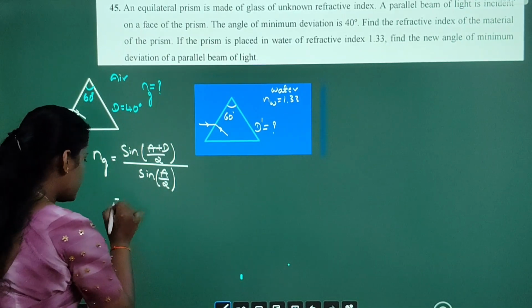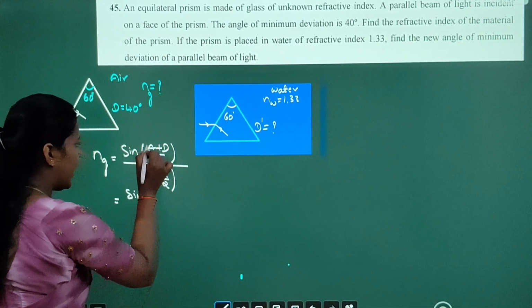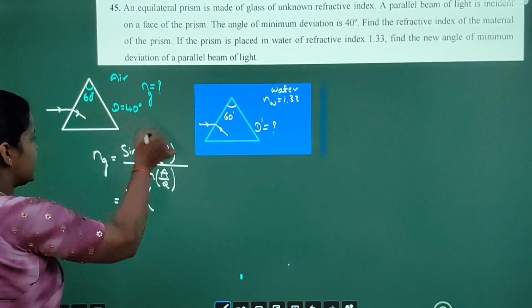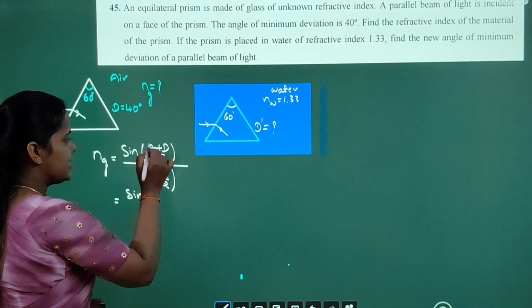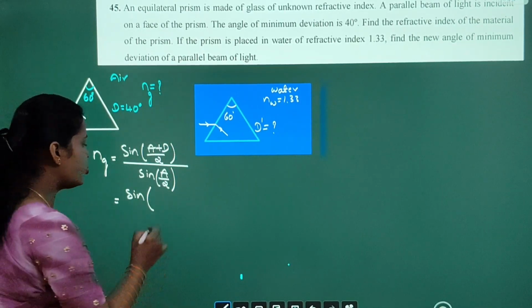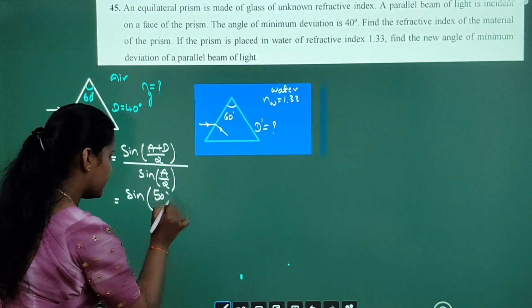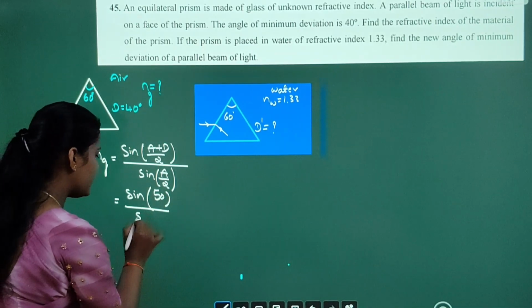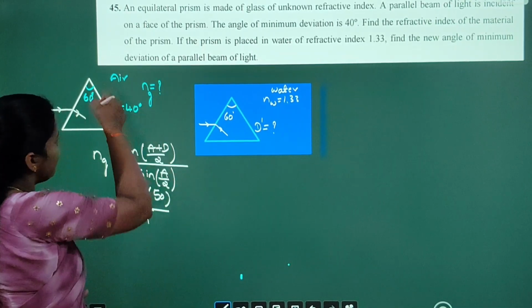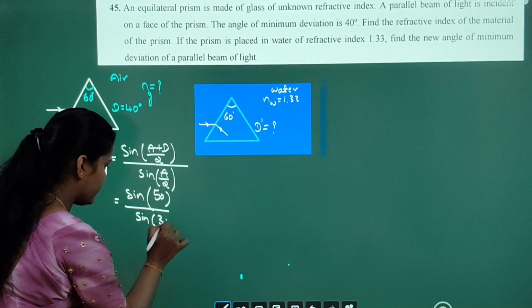Here, A is 60, plus deviation is 40. 60 plus 40 is 100, upon 2 is 50. Sine 50 upon sine 60 upon 2, which is sine 30.